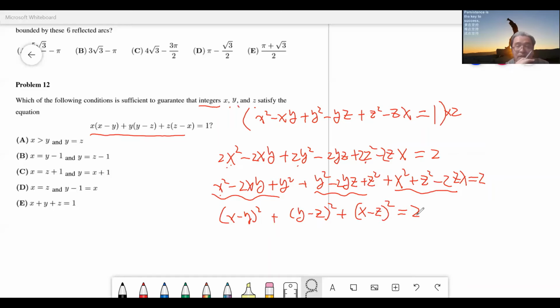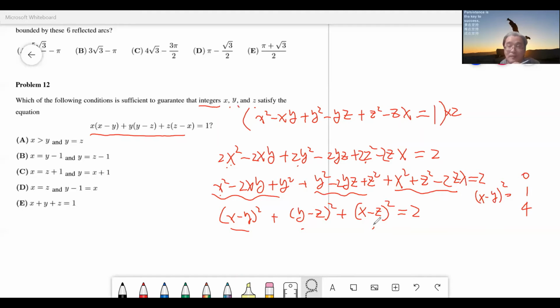Since x, y, z are all integers, look at (x minus y) squared: it can be 0 when x equals y, 1 when they differ by 1, 4 when they differ by 2, etc. But the sum of all three must equal 2.